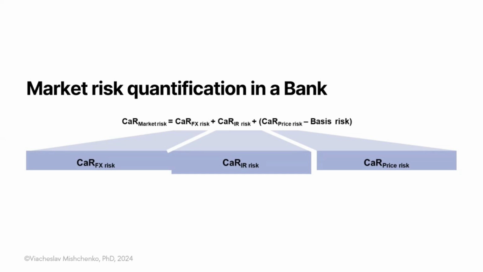For example, for interest rate risk, we may look at the change of the net present value from a parallel shift of the yield curve. So here's market risk embedded into the interest rate risk. And this approach generally assumes risks can be aggregated linearly.